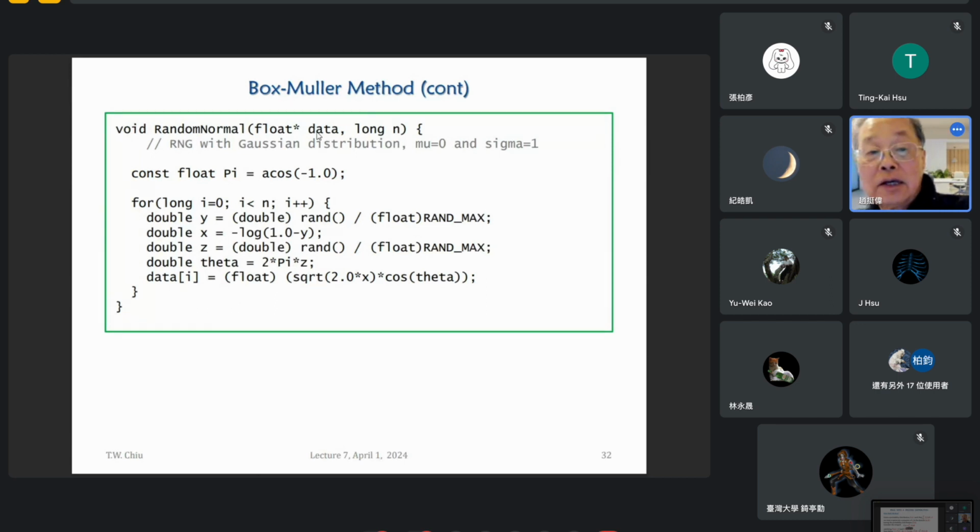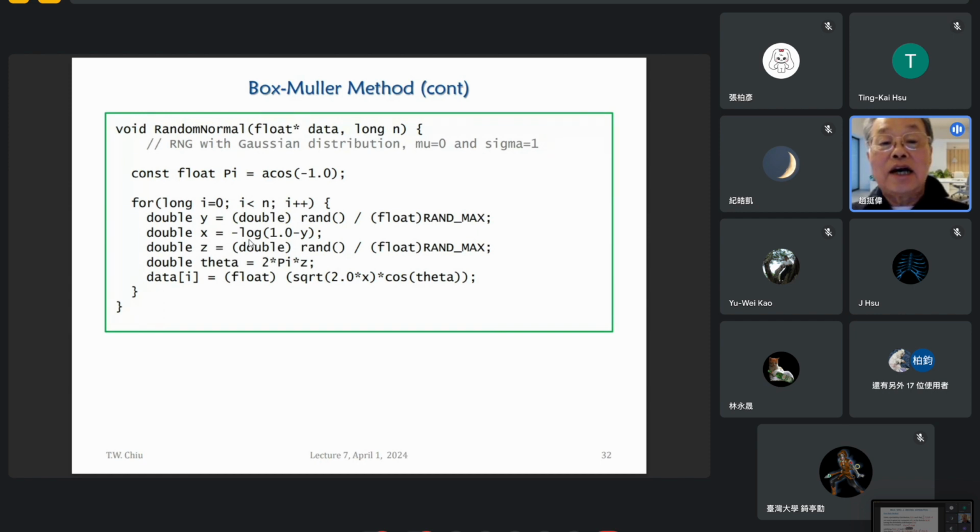But the computation here is better done in double precision, such that the precision is kept well even after these operations, especially this x, where we just take the log here. Any questions on this?